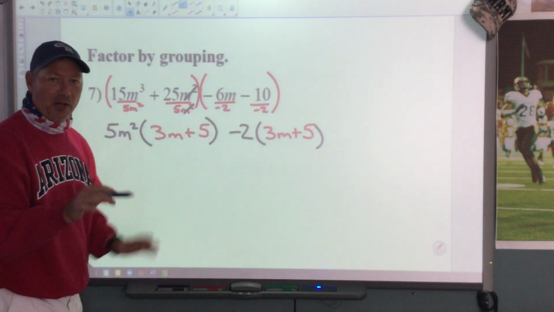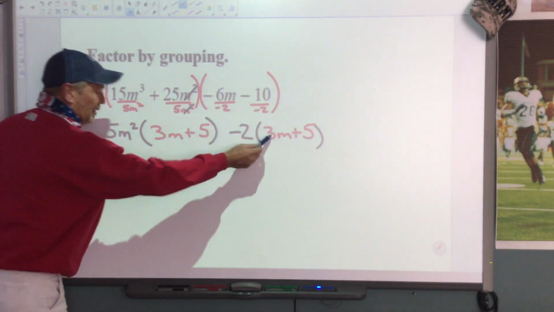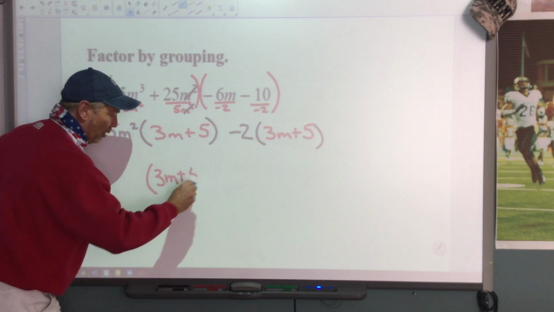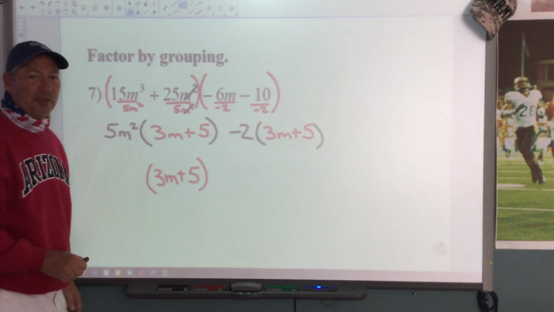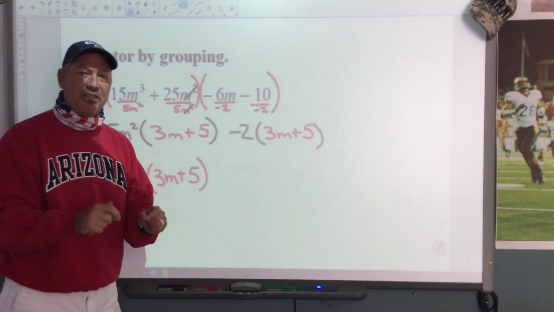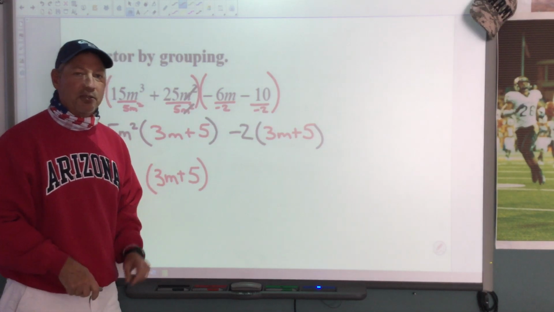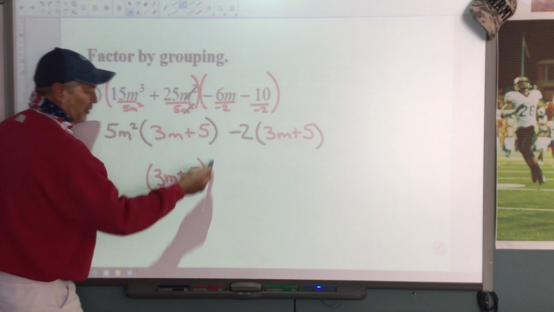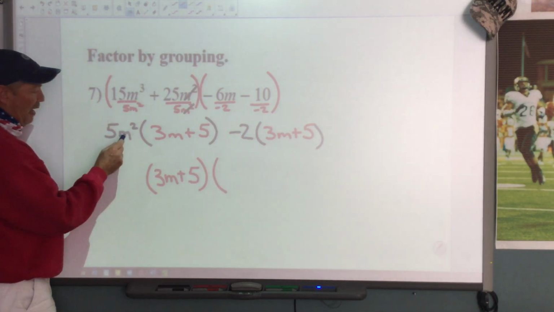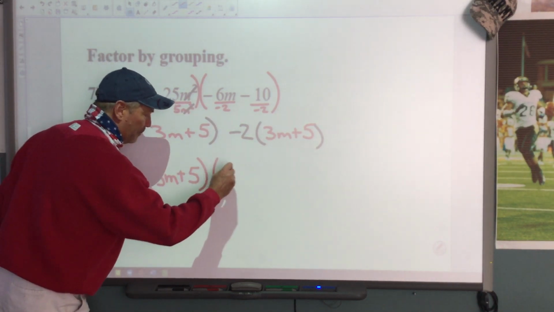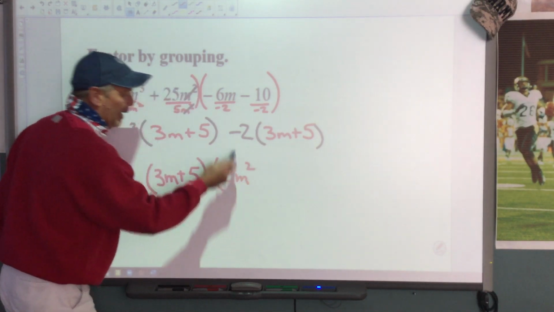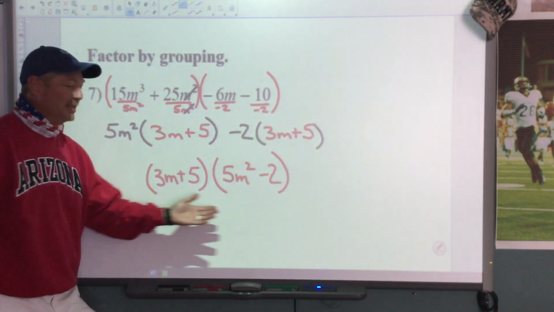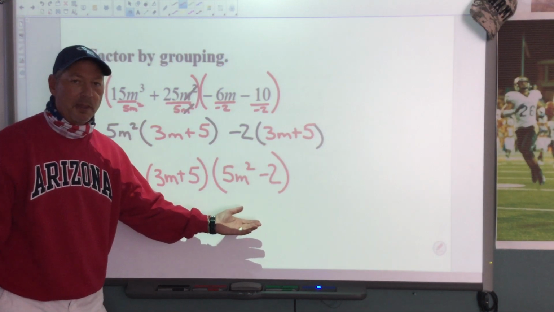So part of my final answer, I will put this as 3m plus 5 in one parentheses, and then I put my GCFs, our greatest common factors, in my second parentheses. What do I have as a greatest common factor? I have 5m squared, and I have a minus 2 or a negative 2. This is my factored form.